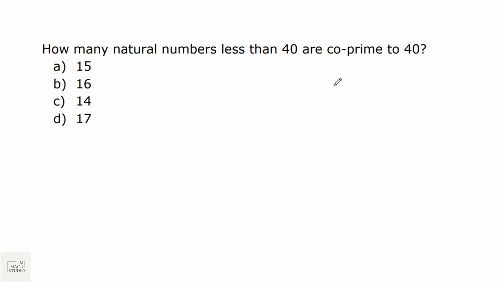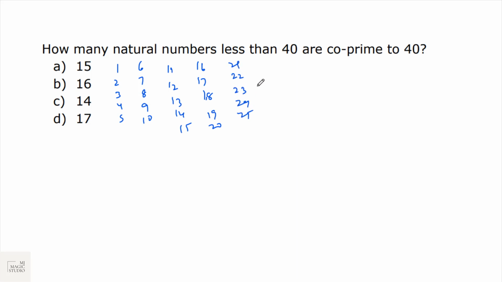So we make a list: 1, 2, 3, up to 39. From 1 to 39, how many numbers are there which are relatively prime to 40?